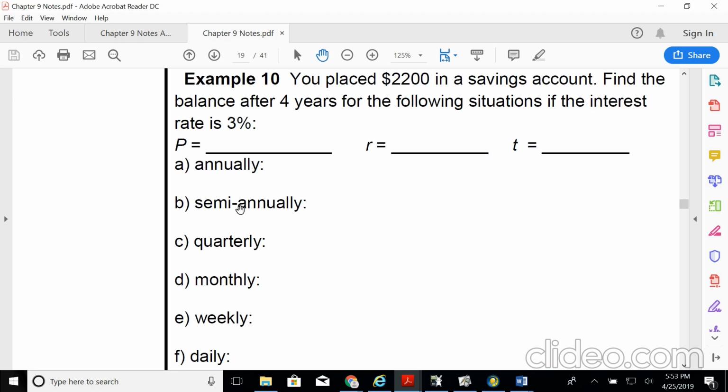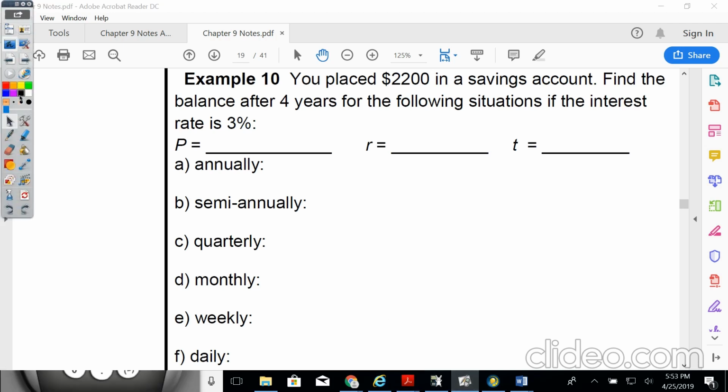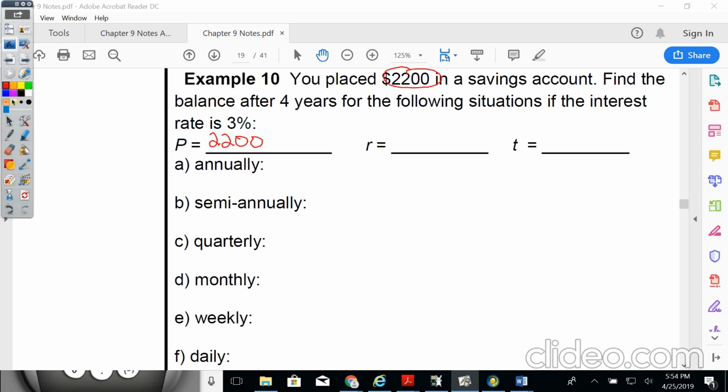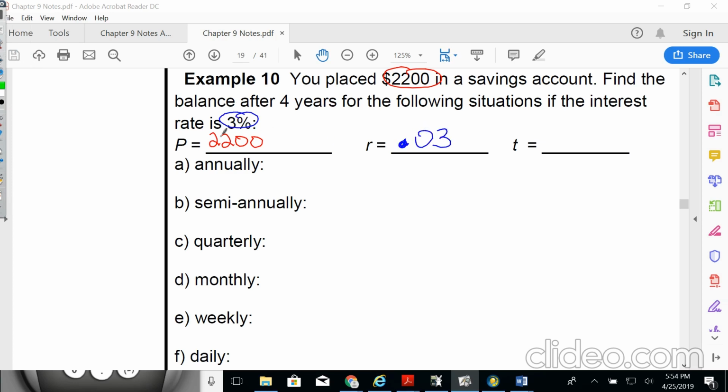For all of these, the principal amount is 2,200. R is the 3%, so 0.03, moving it back twice. And we want to find the amount for 4 years for all of these.